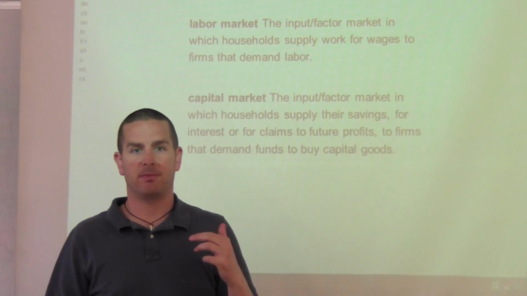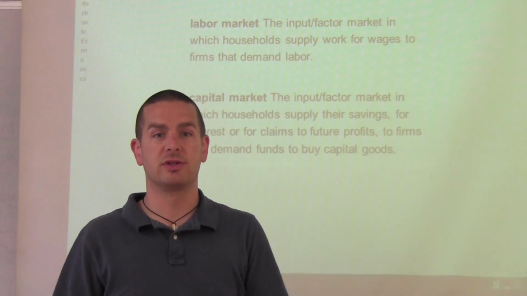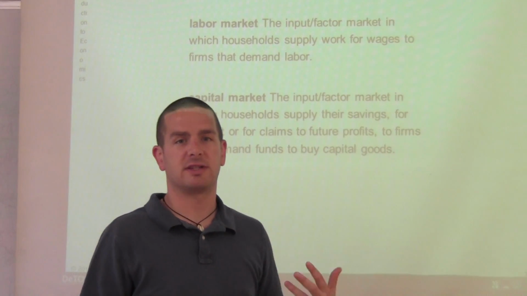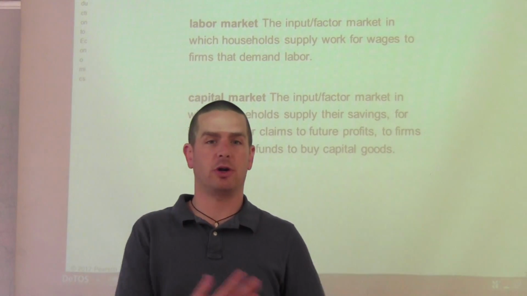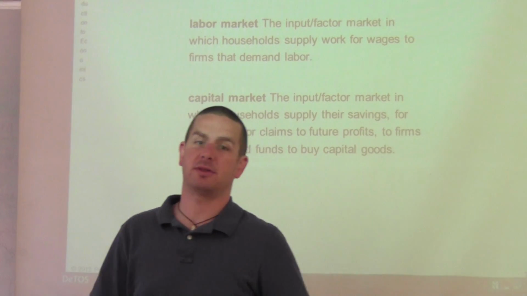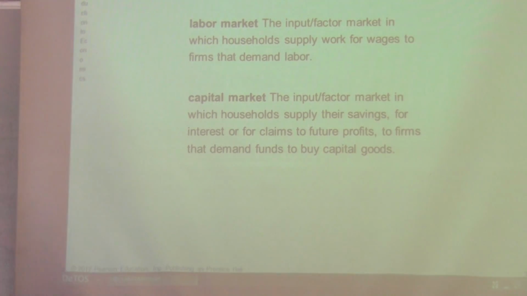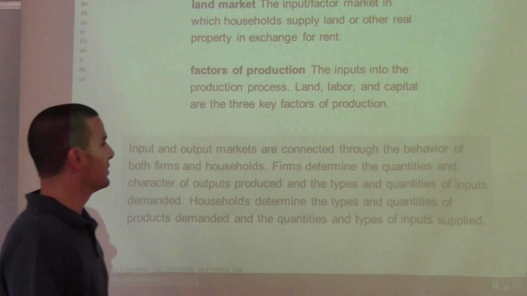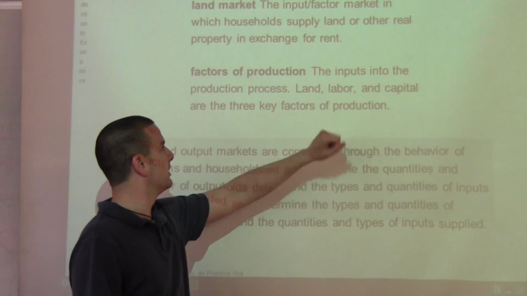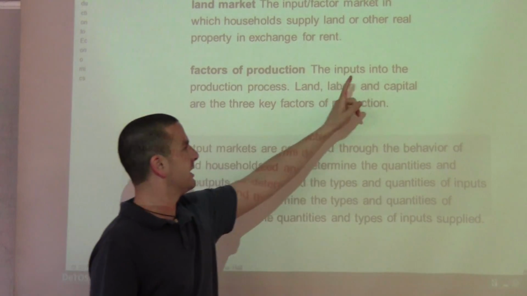It's where businesses take out loans, the markets in which businesses take on loans or debt so that they can purchase additional inputs. And as I mentioned before, factors of production are land, labor, and capital.